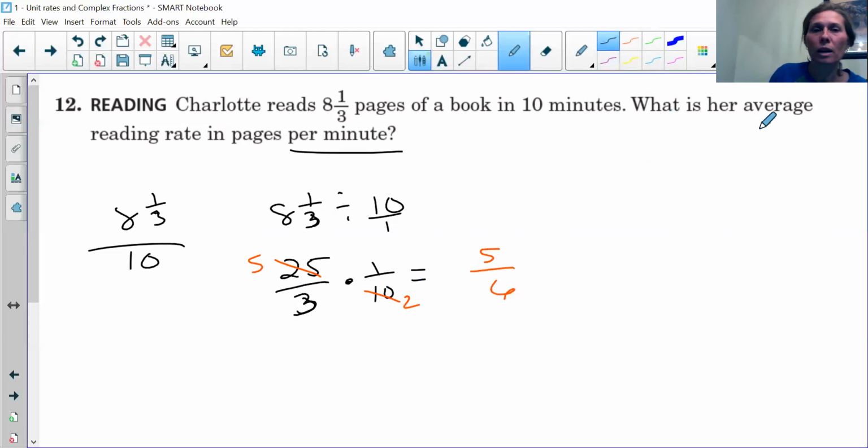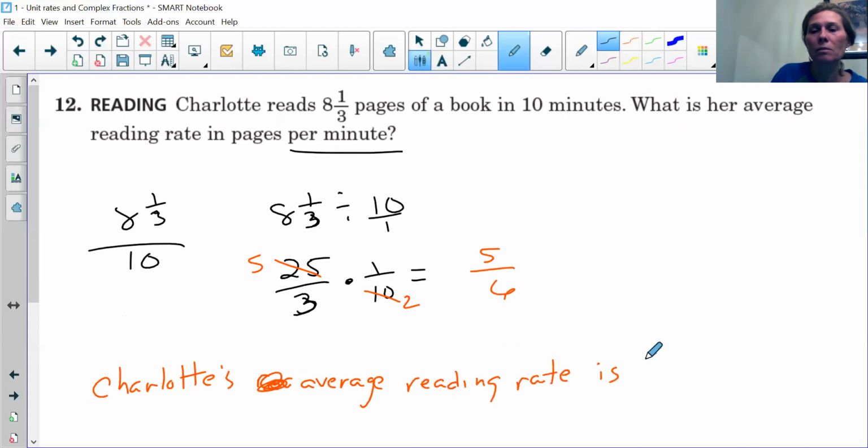That means Charlotte's average reading rate is 5/6 pages per minute. Remember, you can do a slash for per, pages per minute.